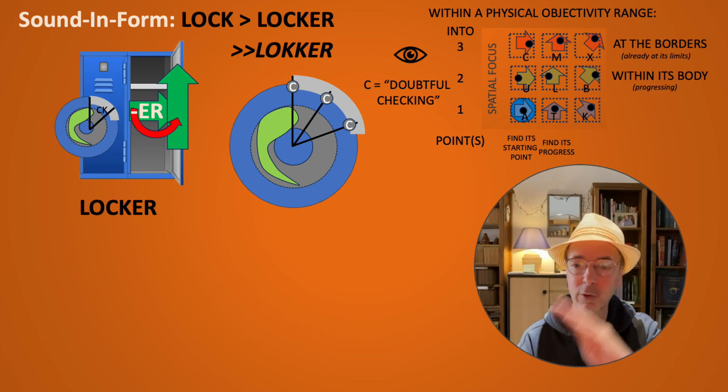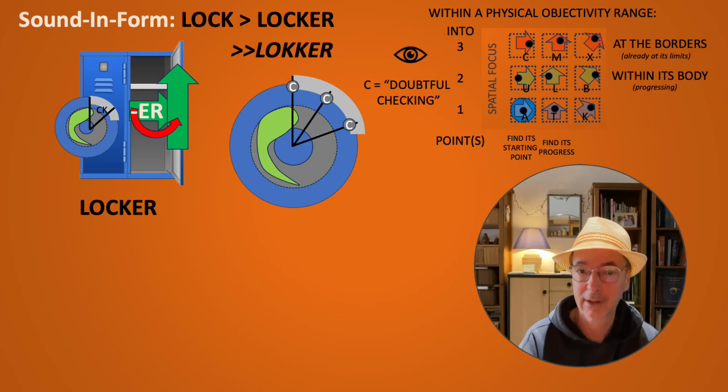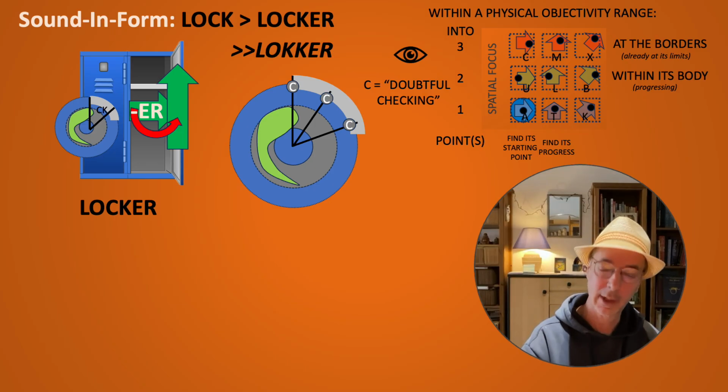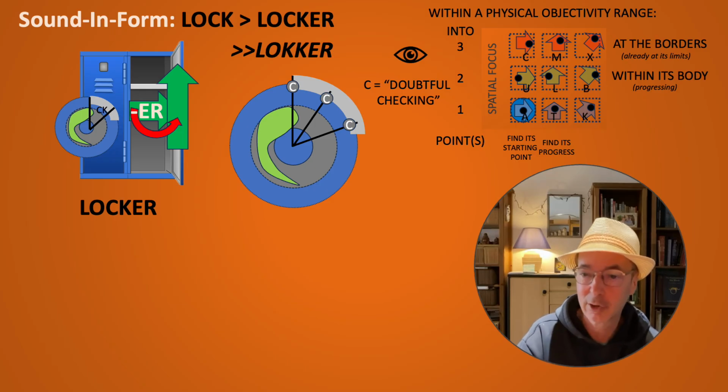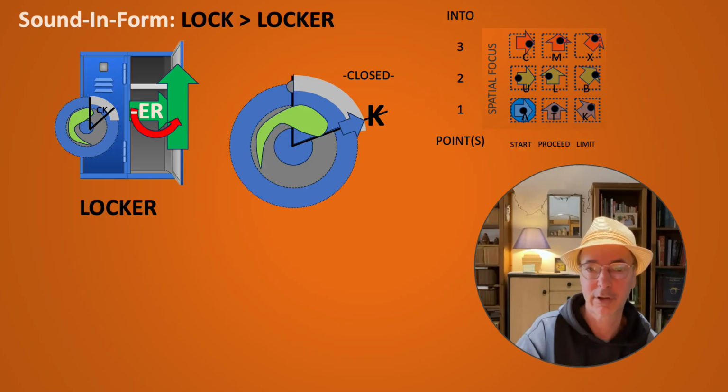You have a bit too many options at the borders of something physical, and you're not very sure where to focus because you see different options. So you are trying to focus, and so you have a kind of doubtful checking. You're checking with your focus of the C a bit better what the choice actually is here, because the K is about choices and making choices.